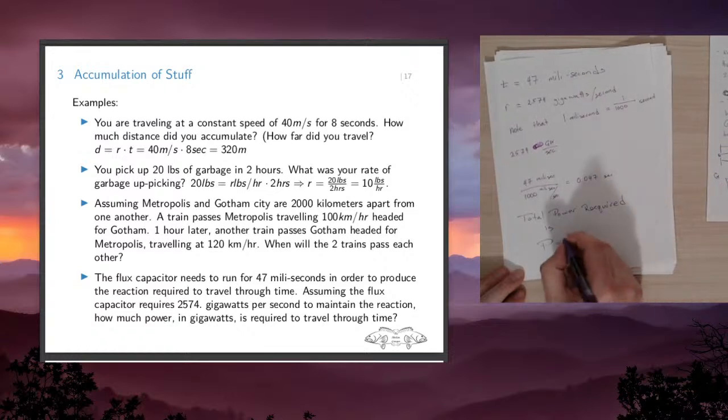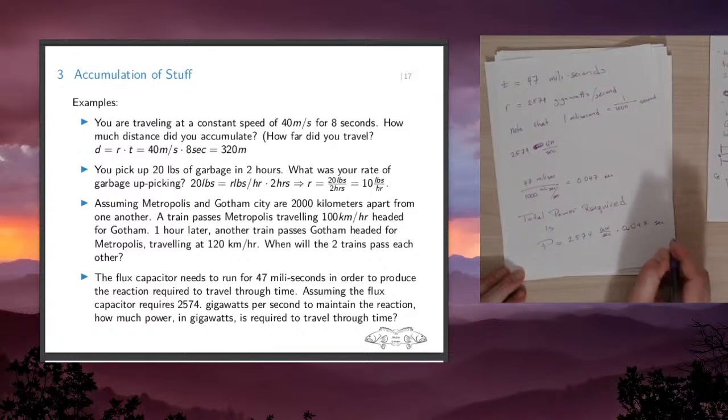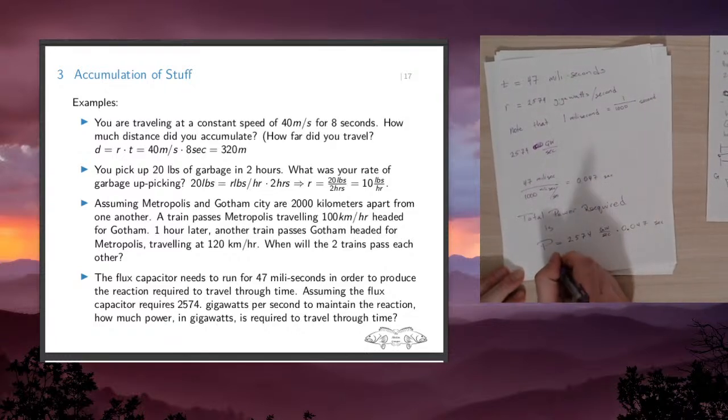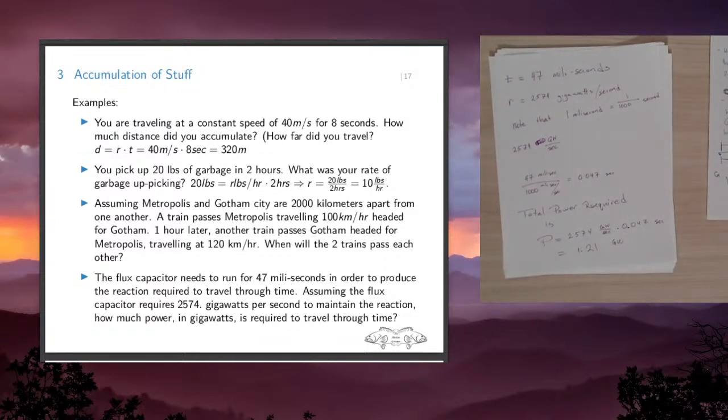So that's going to be 2,574 gigawatts per second times 0.047 seconds. Again, notice this cancels, and if you do a little multiplication, you get what it should be. 1.21 gigawatts! 1.21 gigawatts! Tom, it's not possible! Is it? It can't be done! No! Whatever.